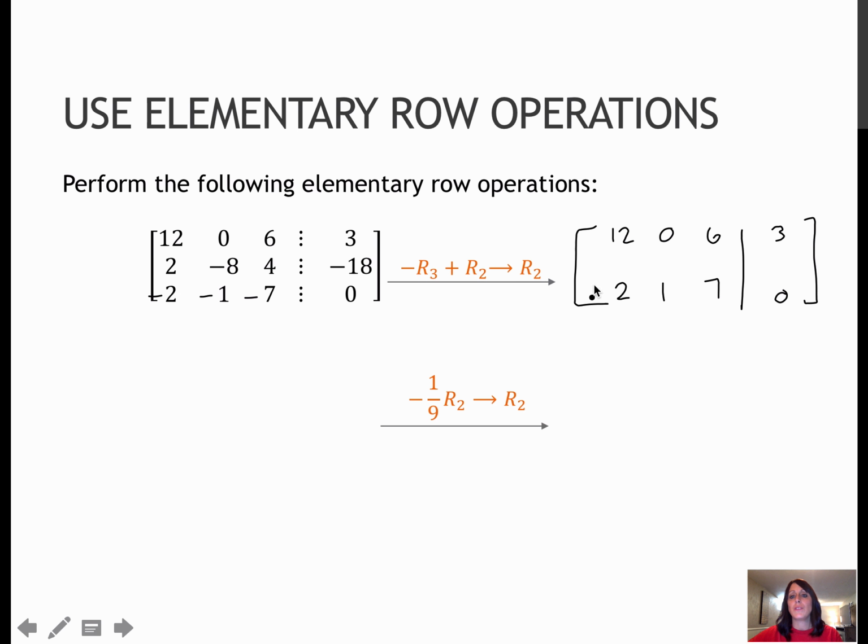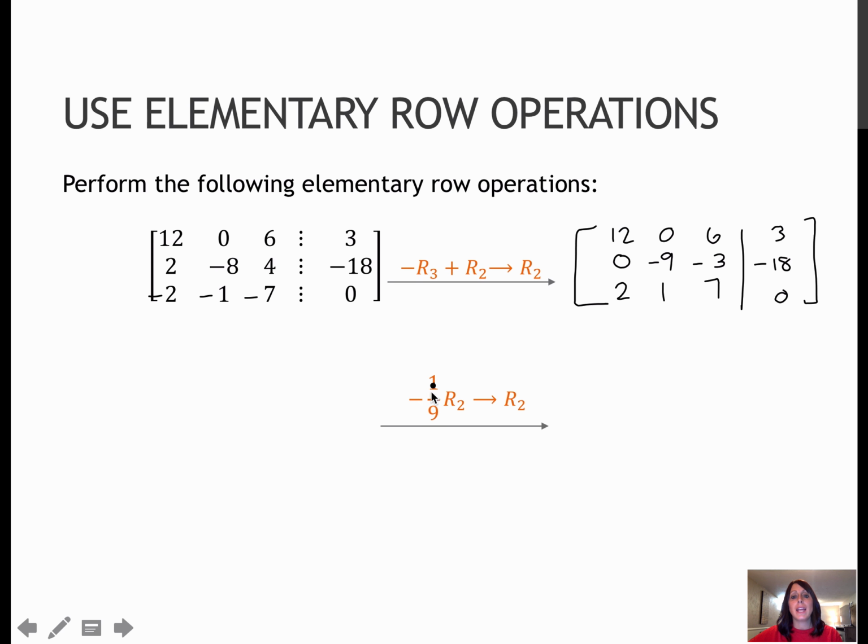So 2 plus -2, which is 0, -8 plus -1, which is -9, 4 plus -7, which is -3, and -18 plus 0, which is -18. So notice here I made them negatives to help me with the math, but nothing actually happened to R3.